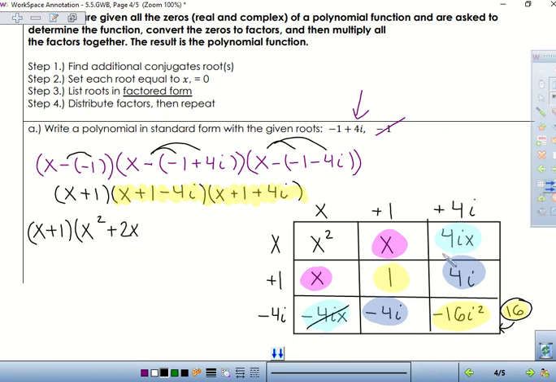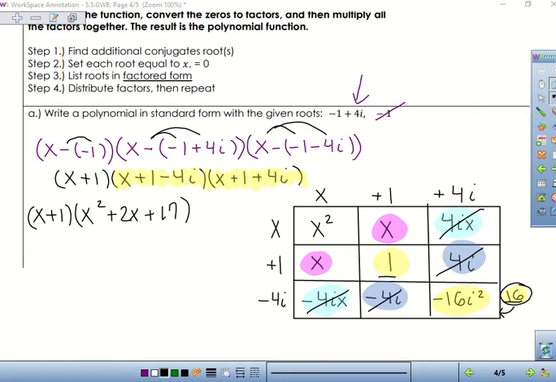These are going to cancel. These are also going to cancel each other out. And the last thing I have to do is add the 1 and the 16, which is 17. So now we're closer to the final answer, but we're not there yet because now we have to multiply a binomial and a trinomial. So we're going to do the box method one more time.